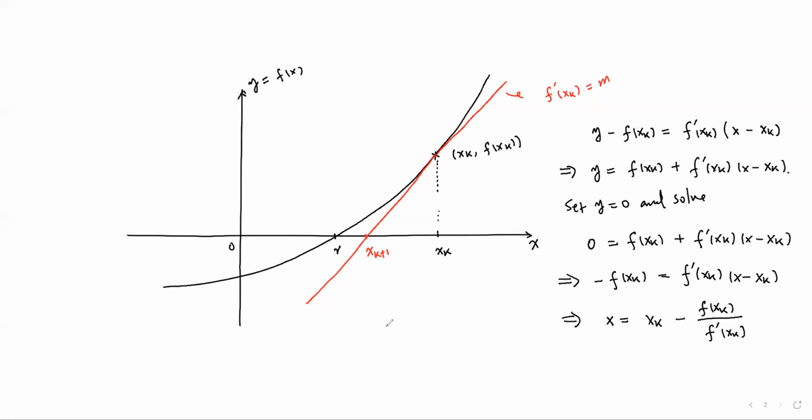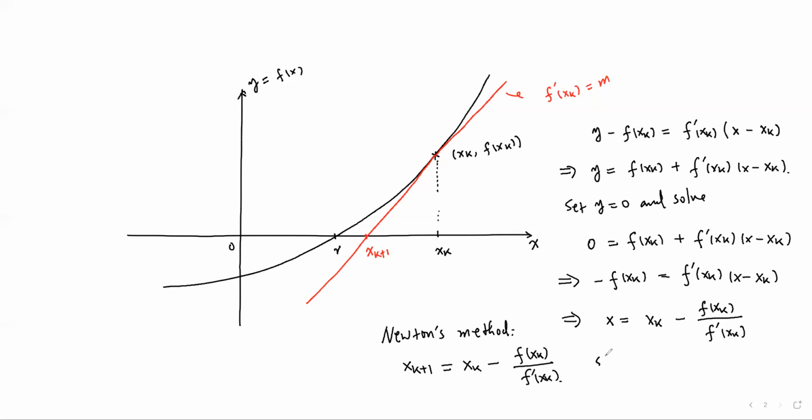So Newton's method is the following formula: xk plus 1 is equal to xk minus f of xk divided by the derivative at xk. This is an iterative formula, right?